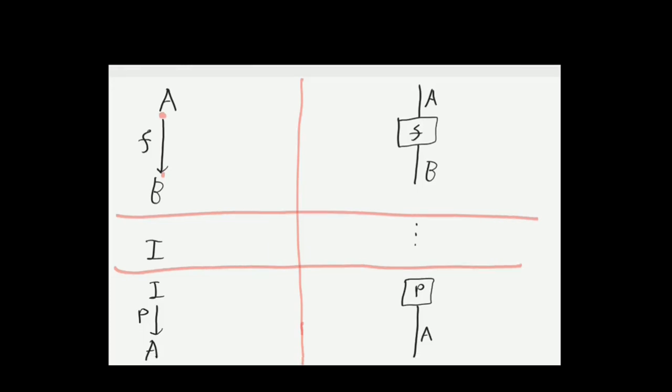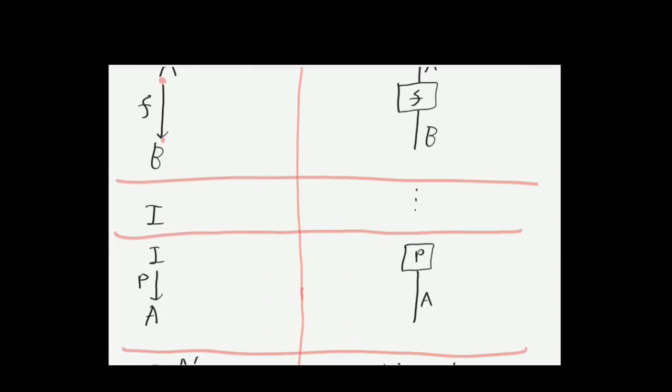Okay, another thing is that, let's say we have an arrow that comes out of our unit object. For example, in the category Set, our unit object is going to be this singleton set.